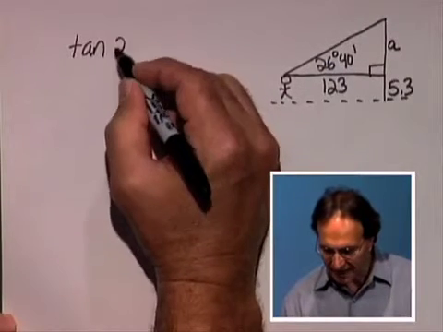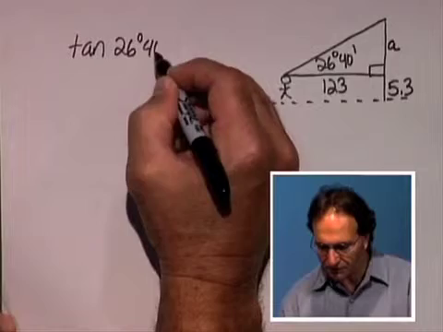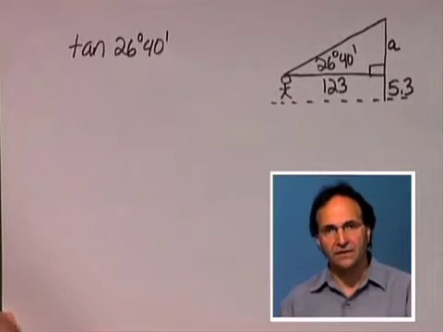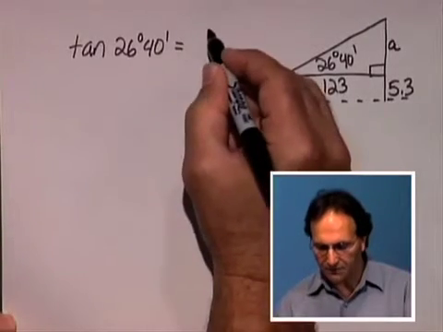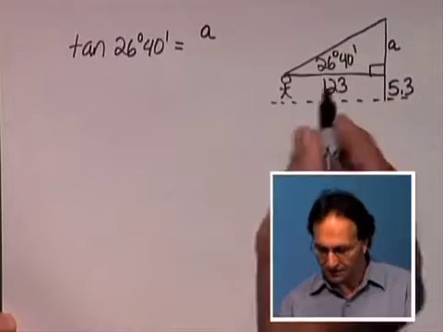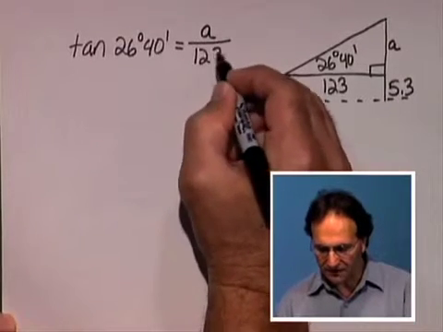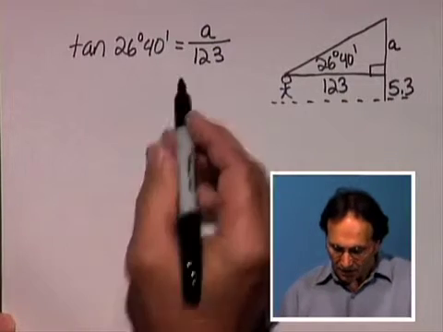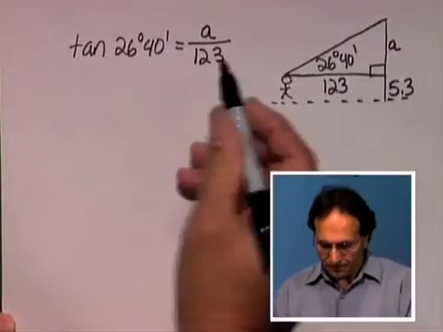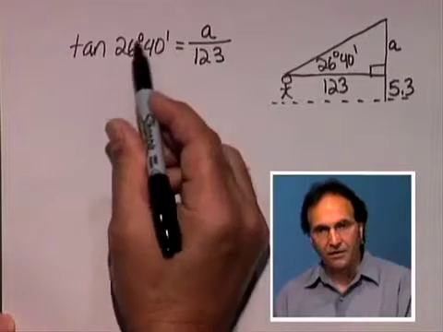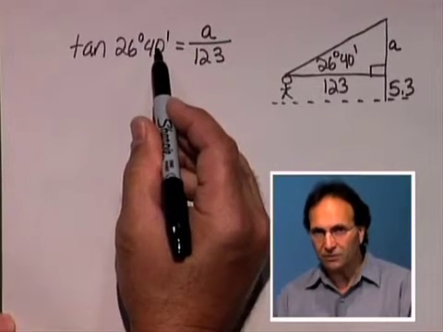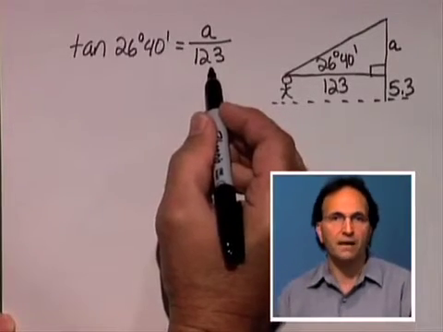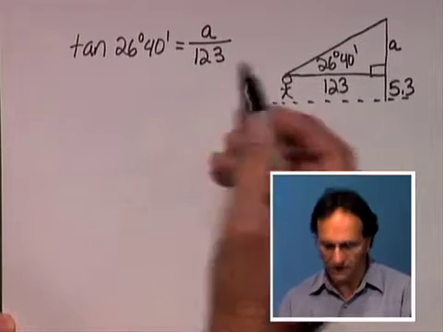So we have the tangent of 26 degrees, 40 minutes, is equal to the side opposite, which is A, divided by the side adjacent, 123. Let's look at solving this. We will convert this to the decimal degree measure, and we'll multiply both sides by 123.